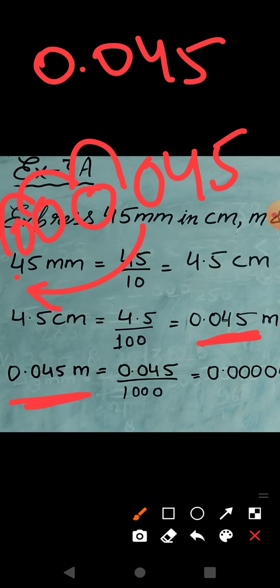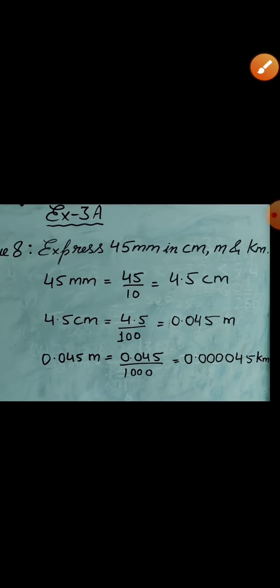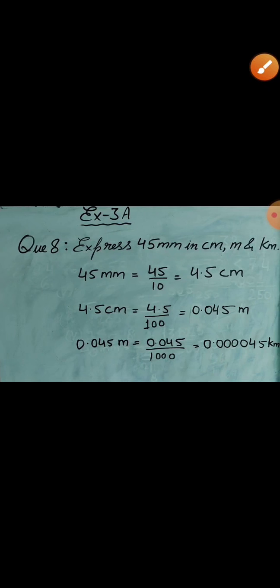If there is nothing, we will put 0. Okay, so the decimal is here. Now our required answer will be 0.000045. We can put 0 before the decimal if there is nothing. The answer will be 0.000045 kilometer. This is our required answer.